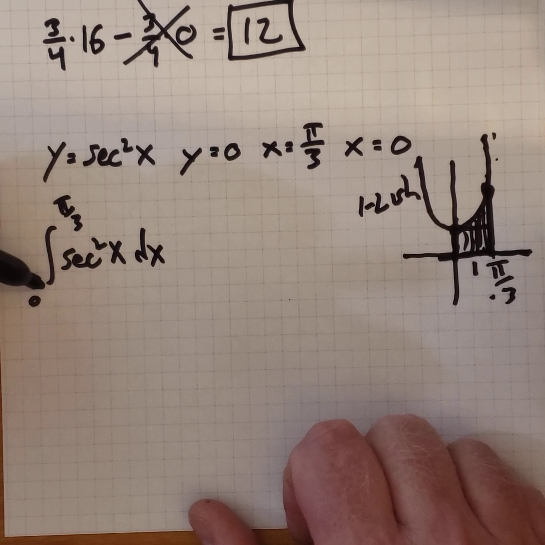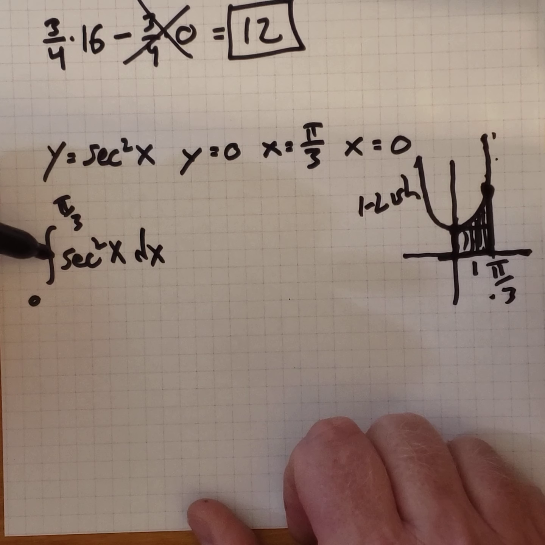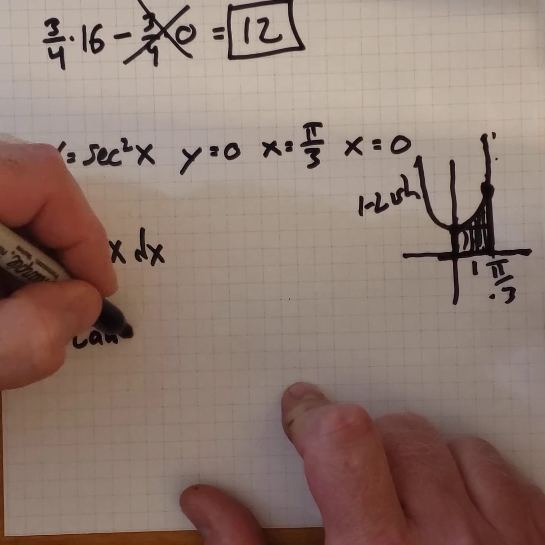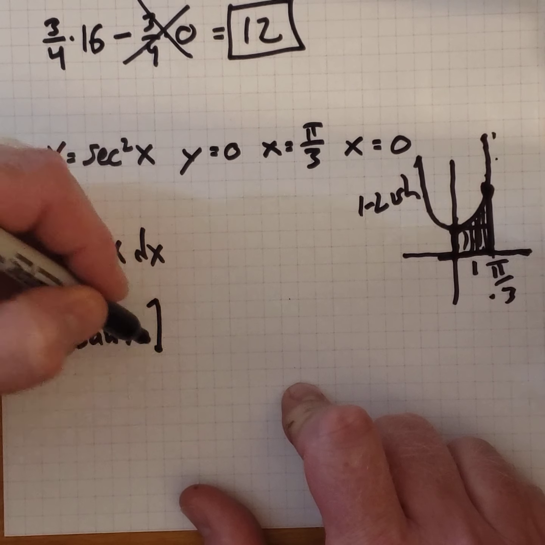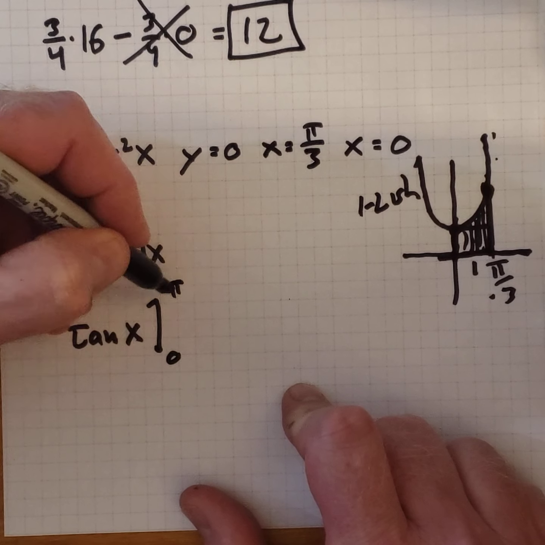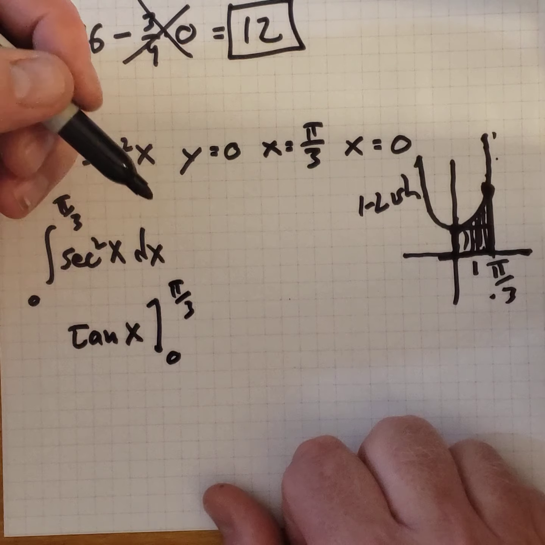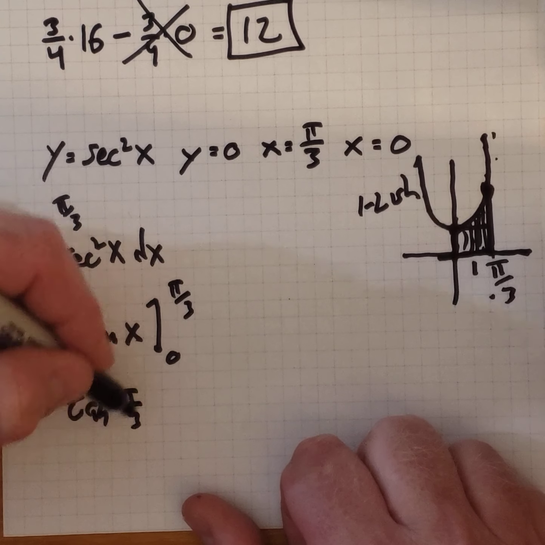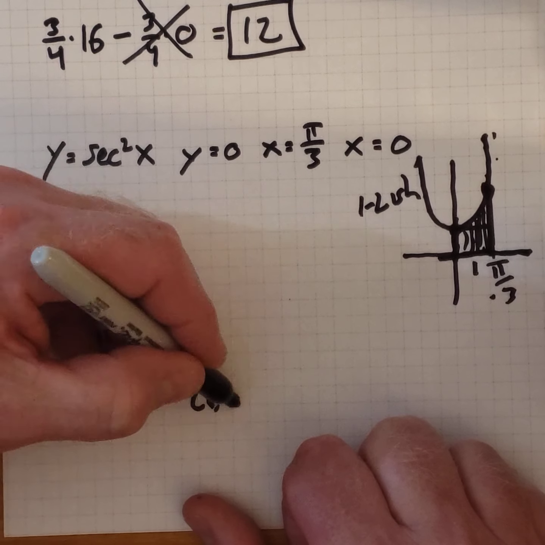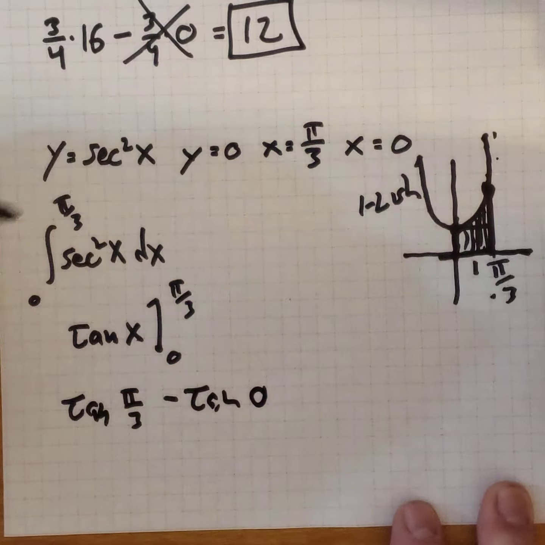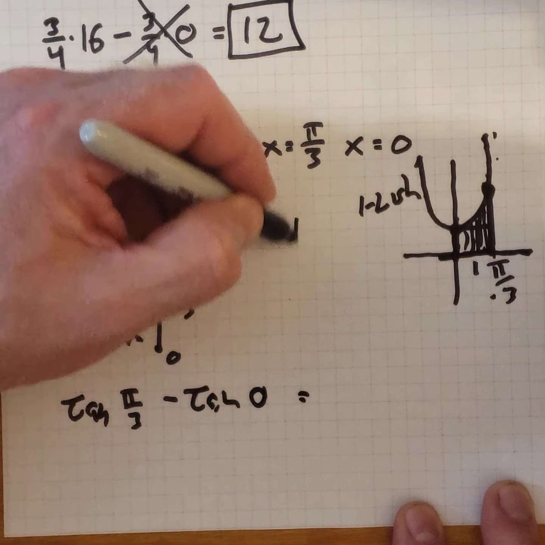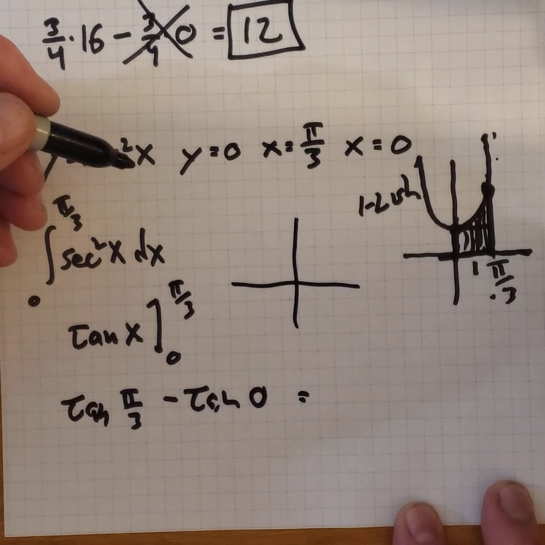Right. The antiderivative of secant squared is one of the ones you should have memorized. That's just tangent from 0 to pi over 3. So that's going to be tan of pi over 3 minus tan of 0. If you remember what tangent represents, tangent is the slope.